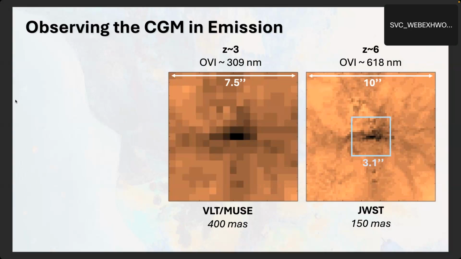It's just to show that if you take a Milky Way-like halo and put it at redshift 6 and put the NIRSpec IFU on top of it, you're going to get the 3 arcsecond field of view centered on the disk, and about 20 resolution elements across that field of view, given James Webb resolution.